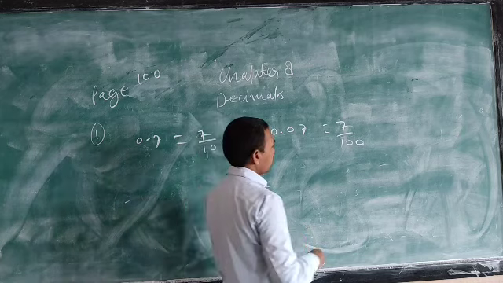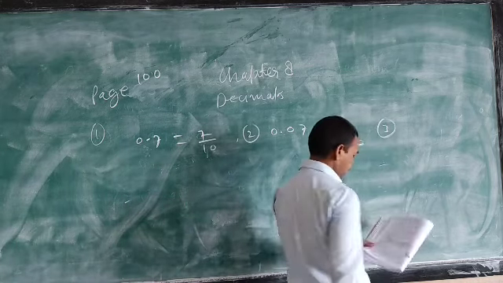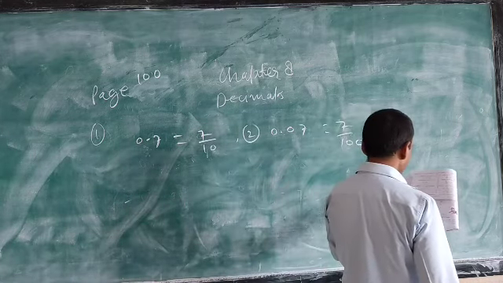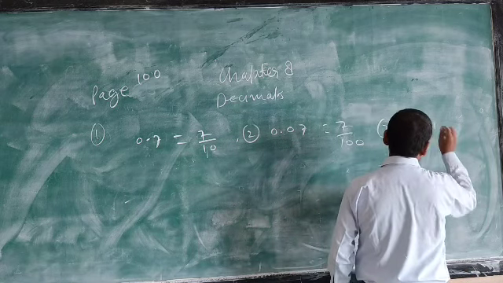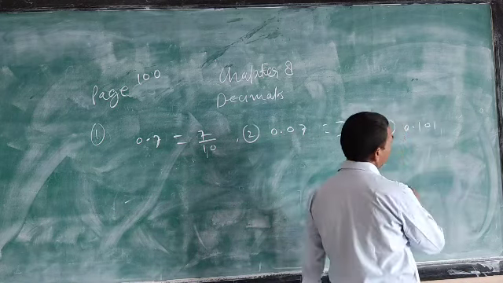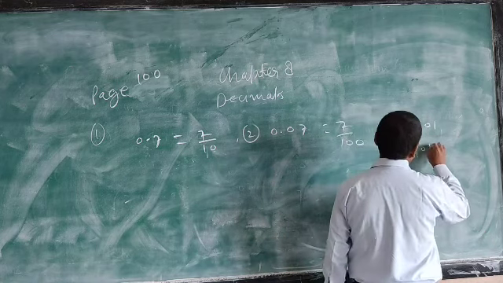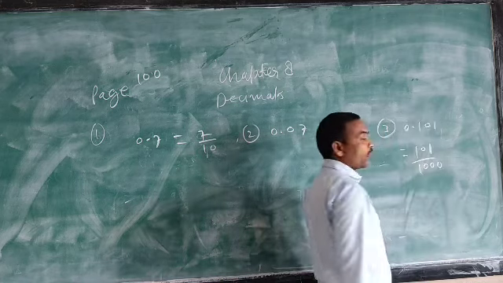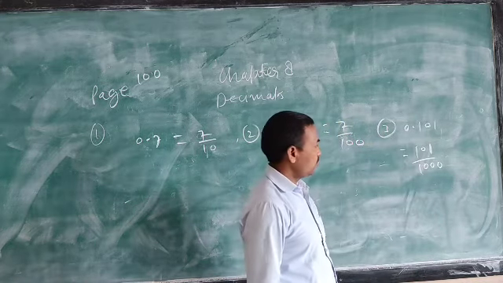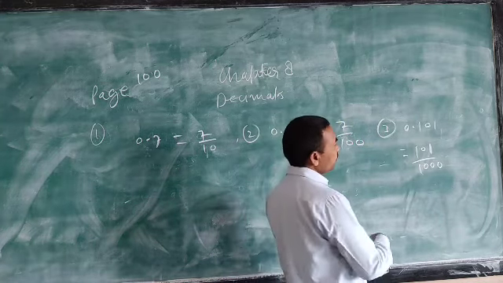And third, here given 0.101. So this has 3 decimal places, 101 by 1000. That is 101 by 1000. So you can write directly.